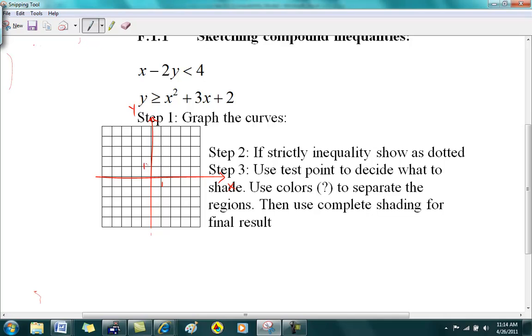This one was y is greater than 1/2 x minus 2. Let's go ahead and graph that first, and I'm going to use the blue color on it. When x is 0, y is -2, and it goes in like that, and it's going to be dotted because it's a strict inequality. The shading for that was, let's just do black, like that.